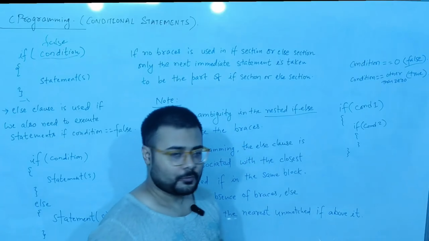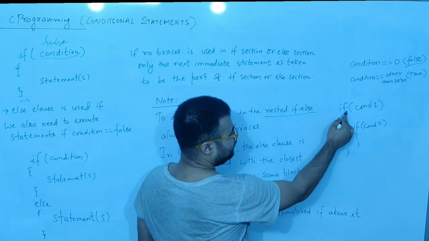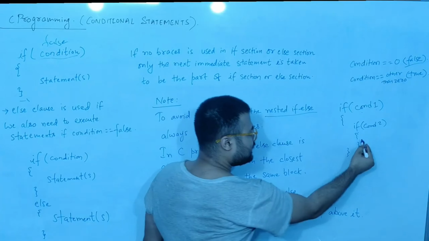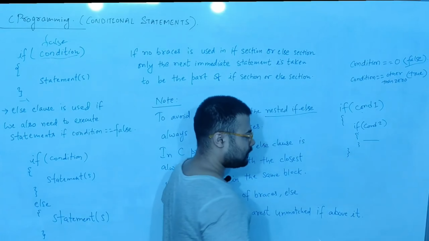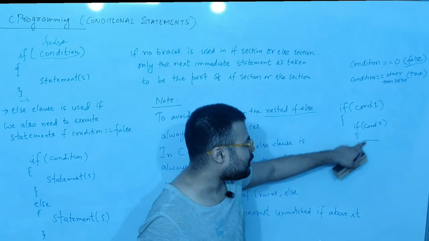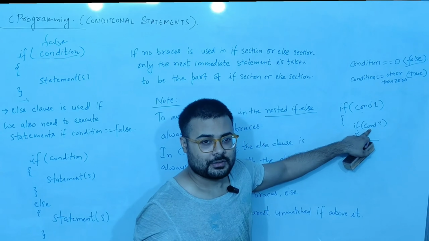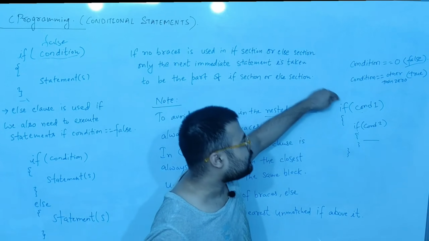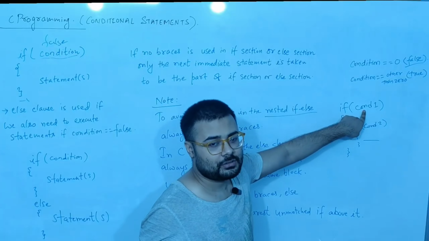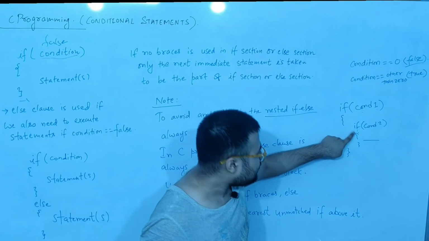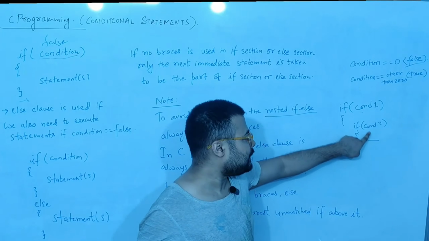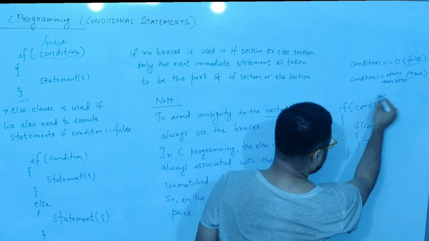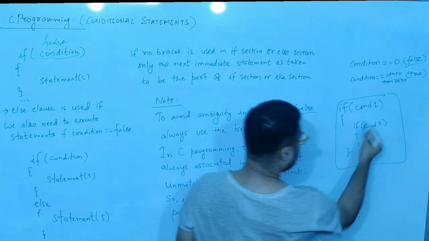It means that you will get inside of this if block if condition 1 is true, and then you will execute the statements in this if block if condition 2 is true. So first you will get inside of this outer if only if condition 1 turns out to be true, and then you will execute these statements only if condition 2 turns out to be true. So this is equivalent to this.